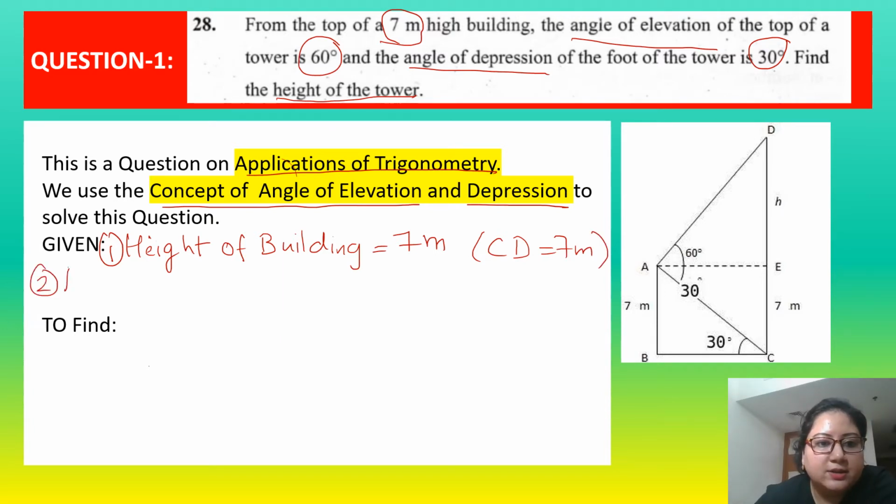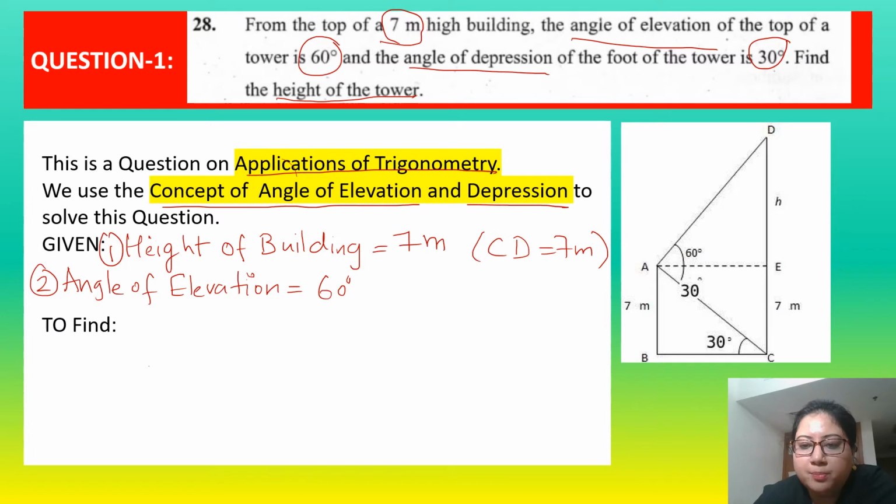Second thing is angle of elevation, and while I was reading, I'm sure you must have seen that this is also given to you as 60 degrees. So from the top of this tower to the top of the building, this angle of elevation is 60 degrees.